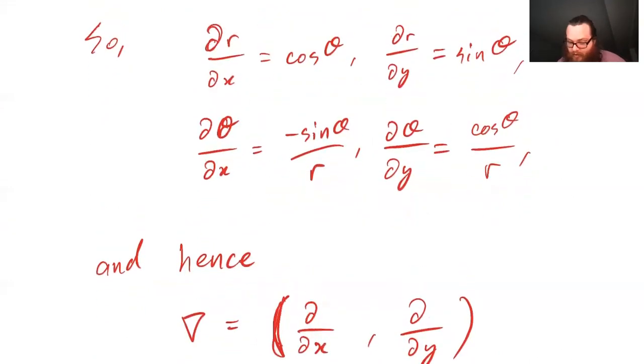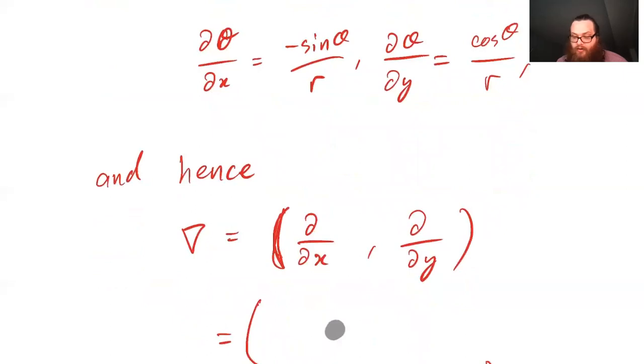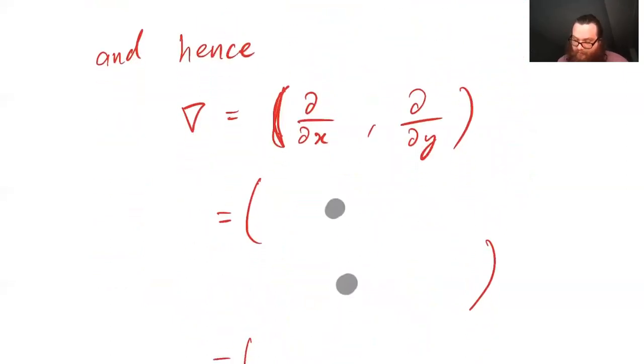So why are these useful? Well, this gradient operator, how does this work? Plug in gradient of u, you plug in a u right there, plug in a u right there.